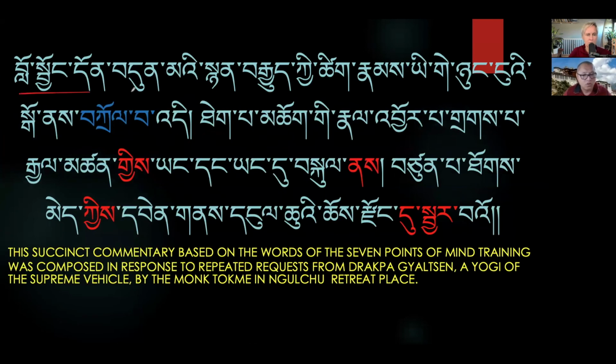So "Logic to me you tinam you gonna draw a D. Tepa choke nenjo tapa jensen ji yang da yang do gul ne zuma tomi ji when you choose to jaro." This is succinct, a commentary based on the words of the seven points of mind training.